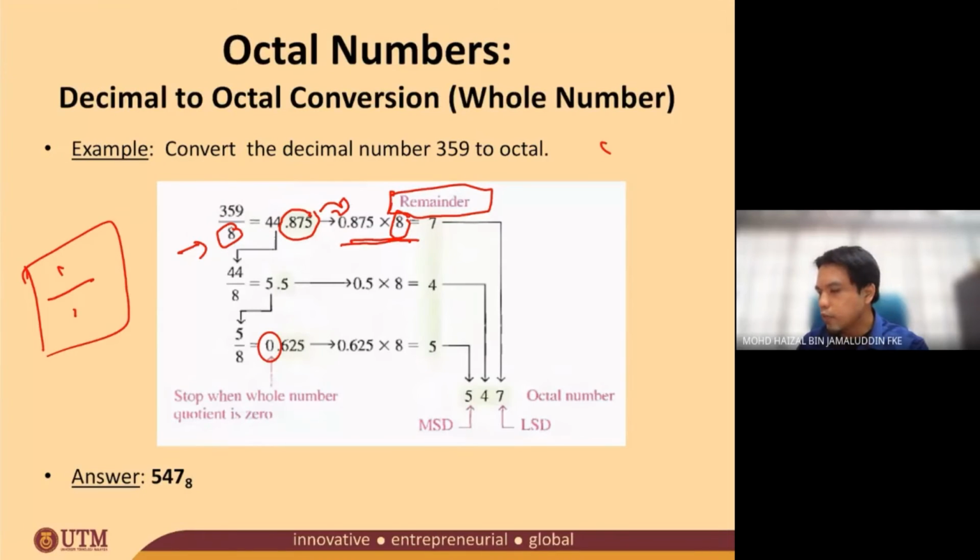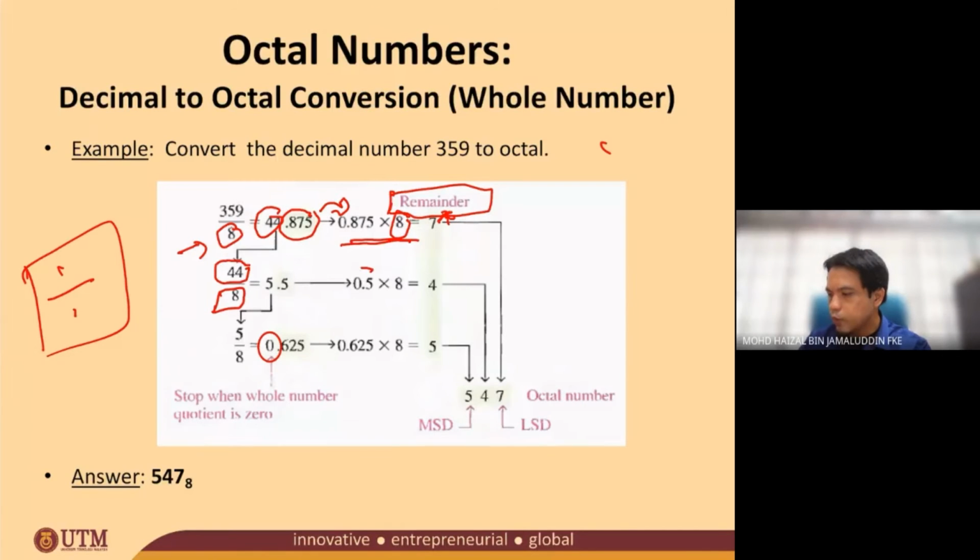And now you have 0.875 multiplied by 8, you get the value 7. And then the 44 value, you bring it down and divide by 8. And you continue the process. So here you get 5.5.